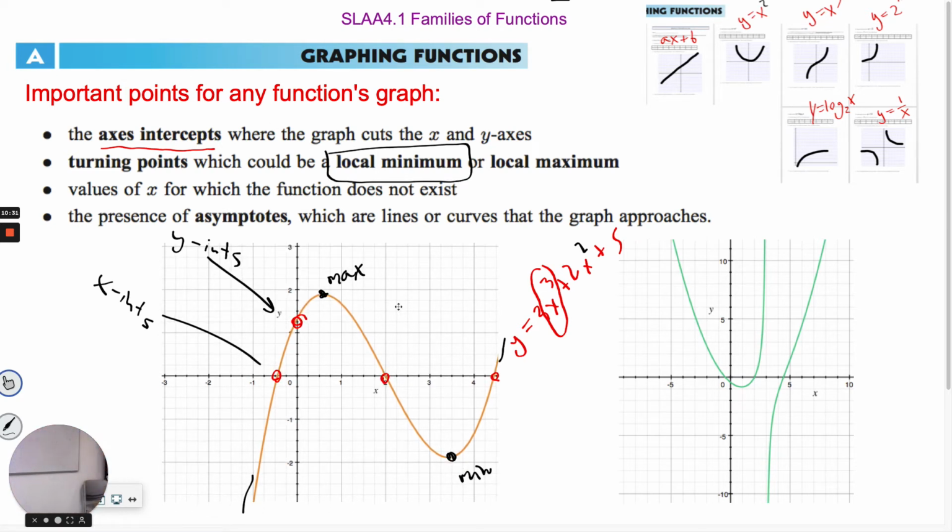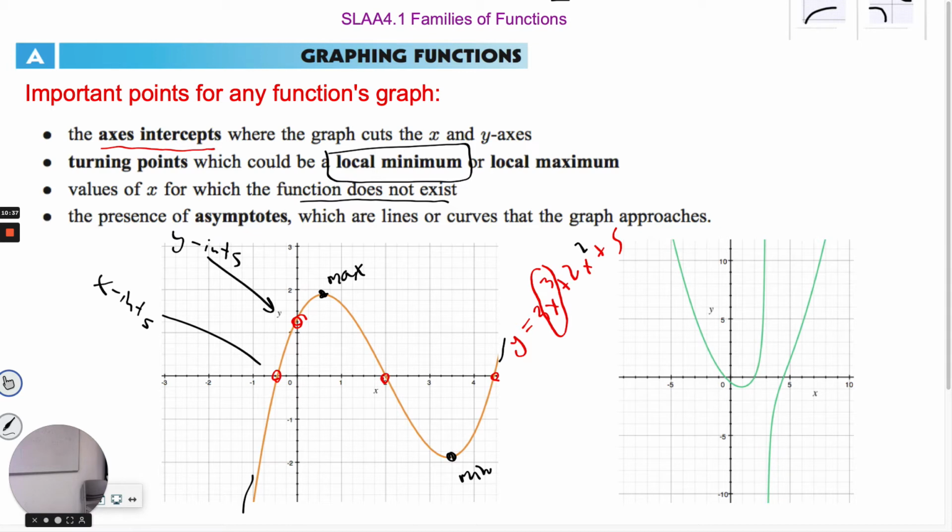If there's any spot where the function doesn't exist, like a hole, like in our last unit when we were saying y equals, I don't know, 3 over x minus 2, or if you graph this, these two would cancel out effectively, but you'd see a little hole here.